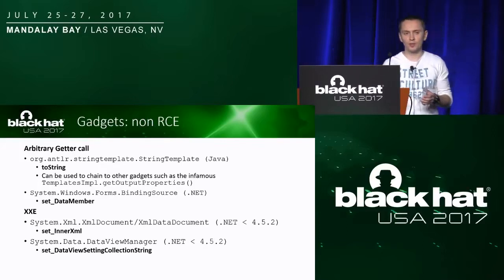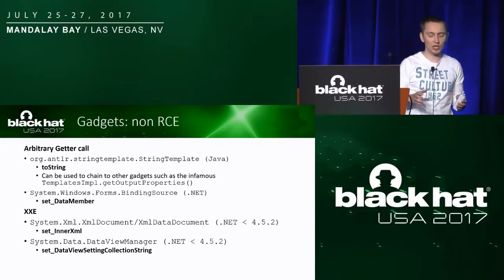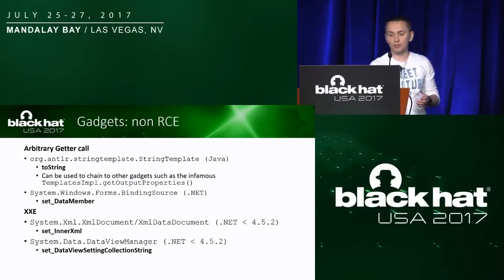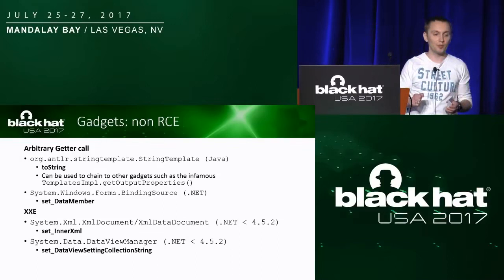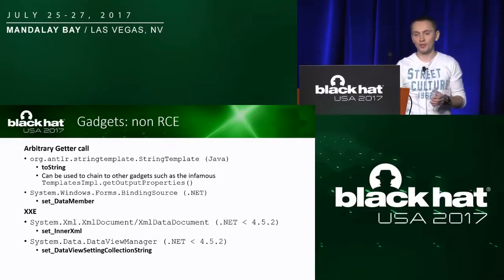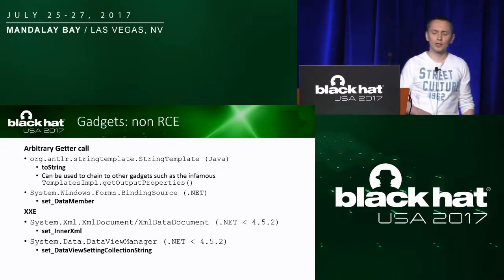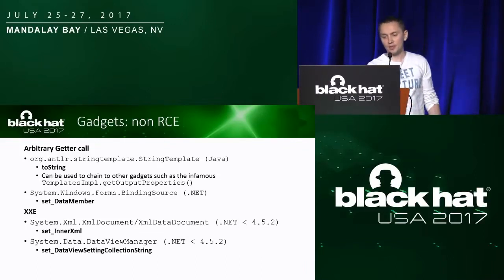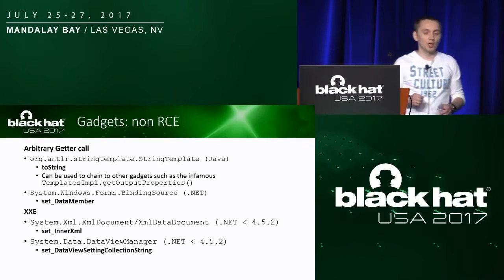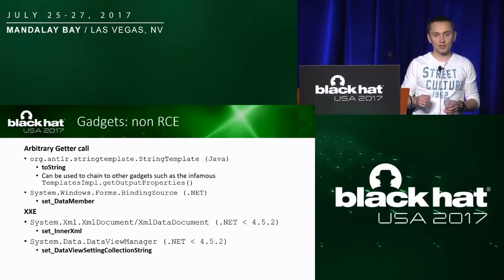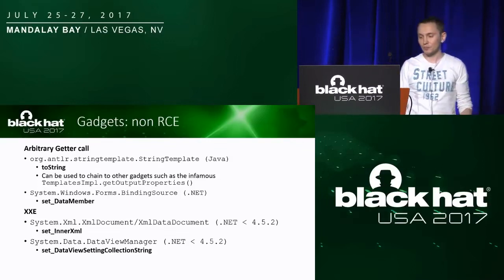Some of them can be used as building blocks for gadget chains, like StringTemplate toString in Java, or BindingSource set DataMember in .NET, which can be used for arbitrary getter calls. Others can trigger non-remote code execution attacks, like InnerXml in the XmlDataDocument type, or DataViewSettingCollectionString in the DataViewManager type. They can be used for external XML entities attacks in some versions of the .NET framework.